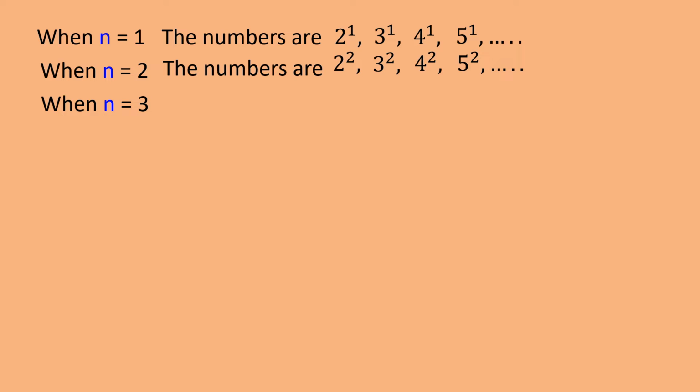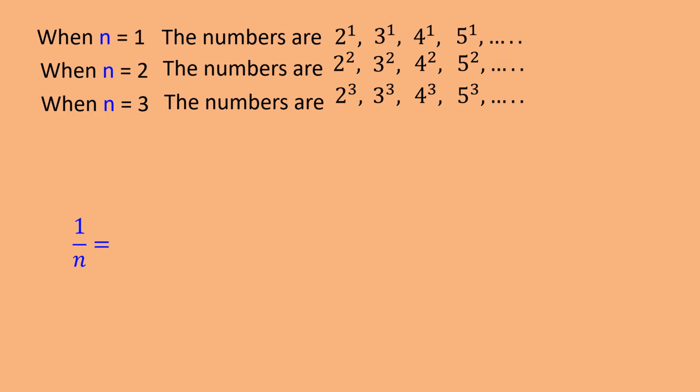Similarly, when n equals 3, the numbers become 2 raised to 3, 3 raised to 3, 4 raised to 3, 5 raised to 3, which we also read as cube of 2, cube of 3, cube of 4 and cube of 5 and so on. So you can see the same meaning of index when they are integers.